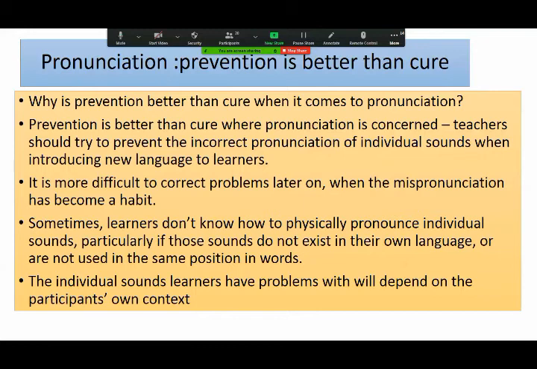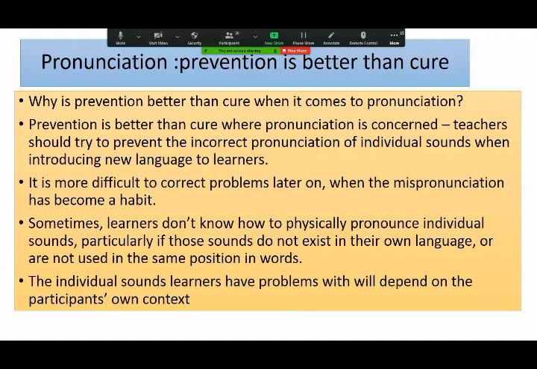Teachers should try to prevent the incorrect pronunciation of individual sounds when introducing a new language to learners. And it's more difficult to correct problems later on when the mispronunciation has become a habit.